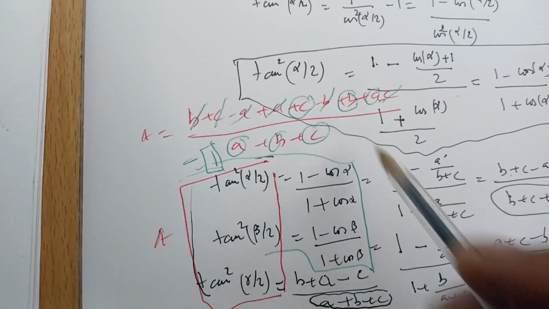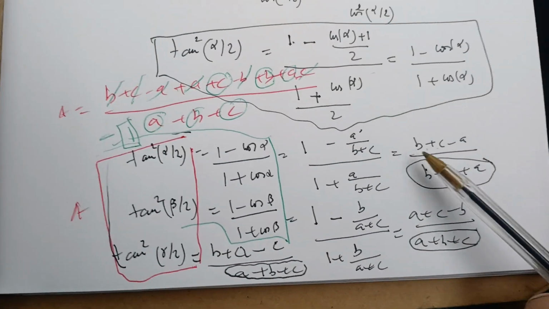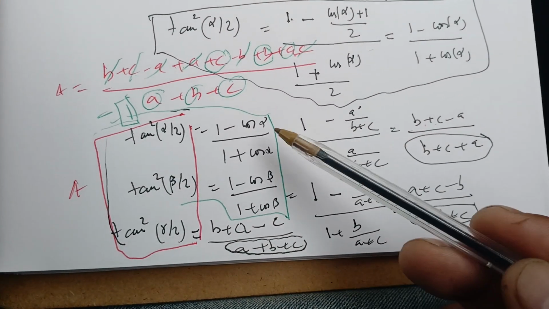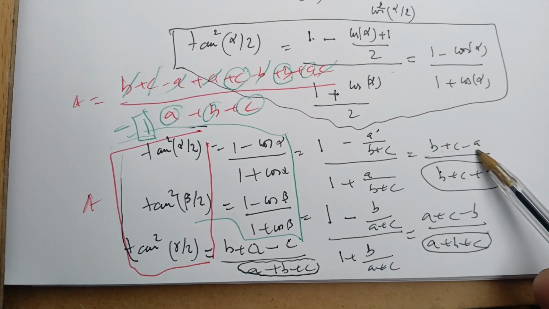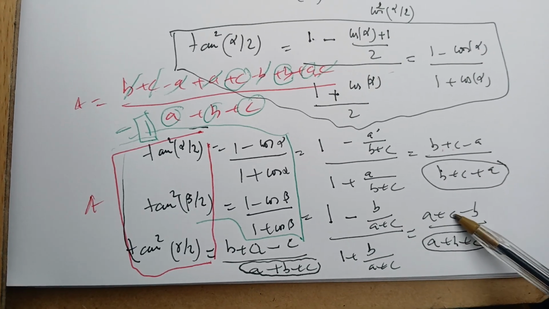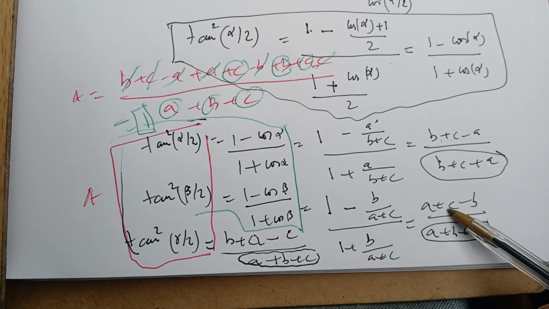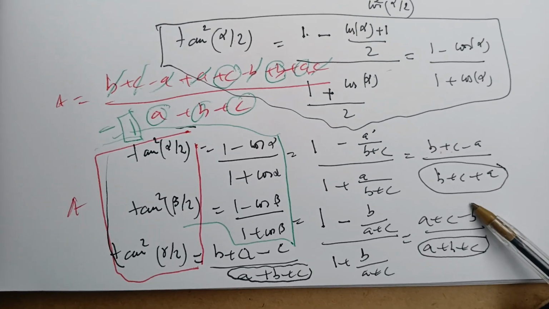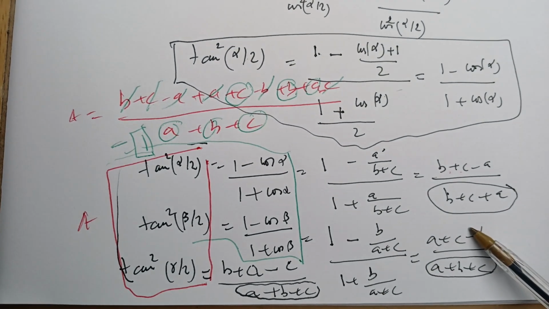Okay, so when you do that, it's like some cyclic symmetry. So here alpha is b plus c minus a, beta is a plus c minus b, gamma is b plus a minus c over a plus b plus c. All of them have the same denominator.